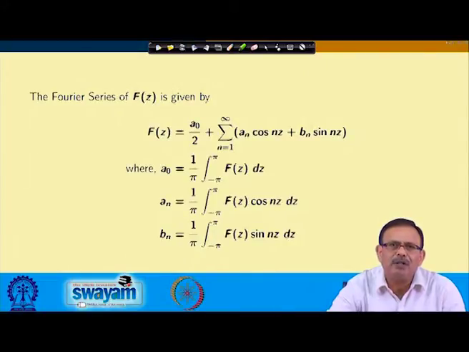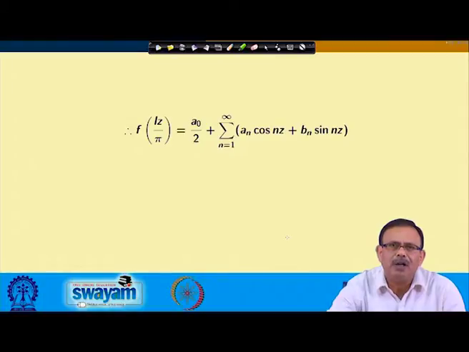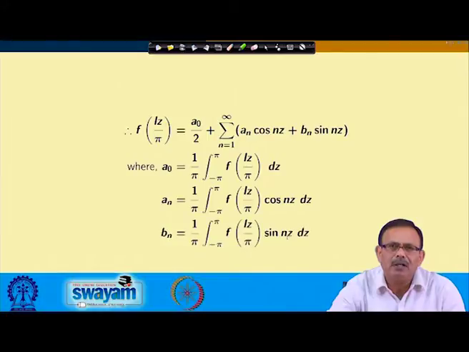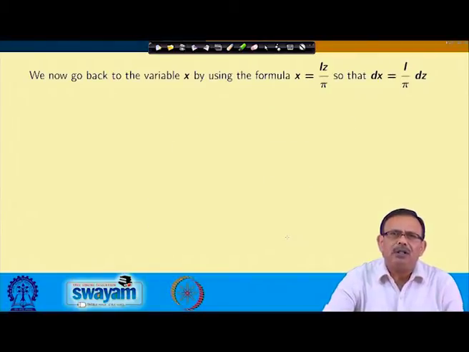So, once I am writing this, I will obtain f of L z by pi, where a naught, a n and b n will be changing. Now, I have to replace z by x, using the formula x equals L z by pi.